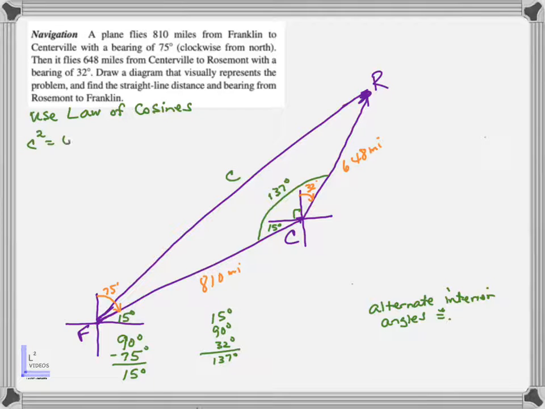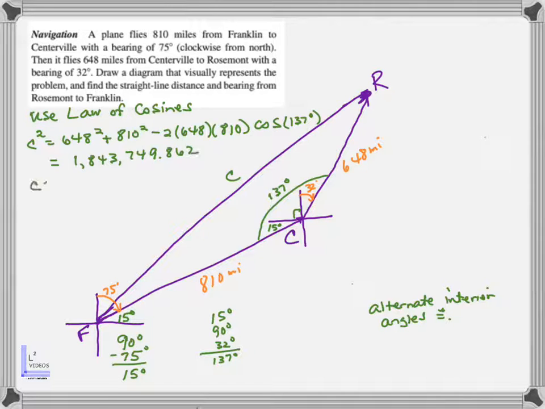We're going to use law of cosines to find lowercase c, which is right here. I didn't show it step by step. I just went right to my calculator and wrote down this value. Then I took the square root of that answer, and I got 1,357.8 miles. That's the length of C, the distance from Rosemont to Franklin.